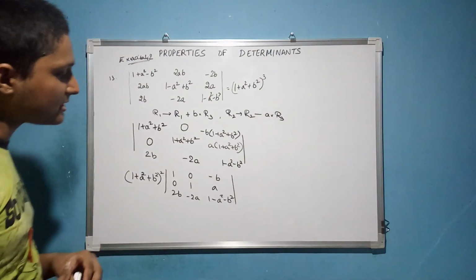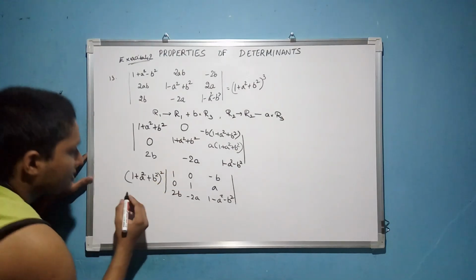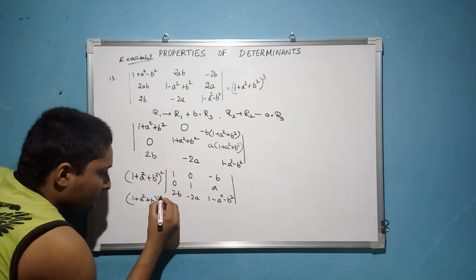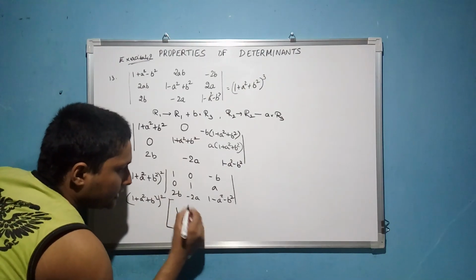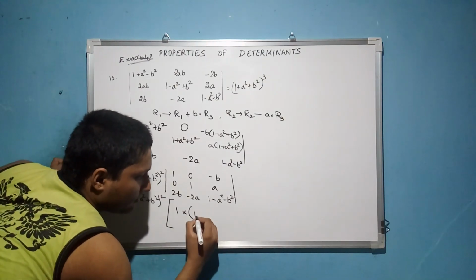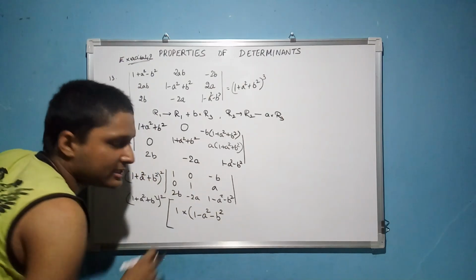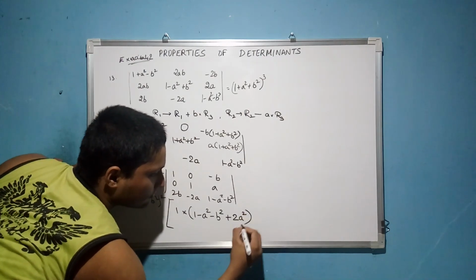Maybe we'll expand using some other, or we'll take the first column. Using the first column, so 1 plus a square plus b square whole square is already there. Okay, now we have 1 into 1 minus a square minus b square minus of minus 2a square, that becomes plus 2a square.